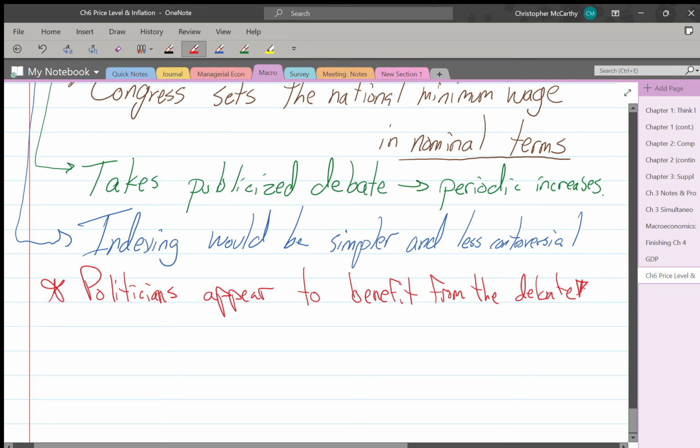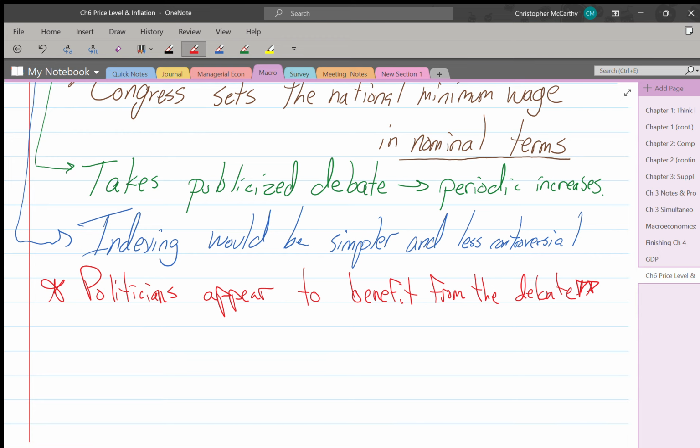So having an actual solution that would take that debate away from them, it's probably not going to happen anytime soon.